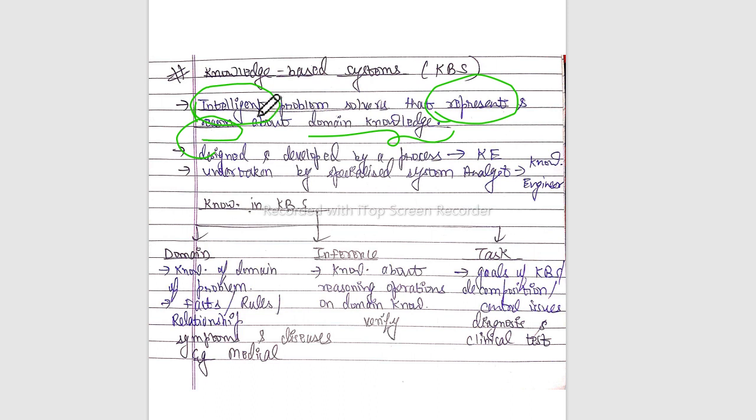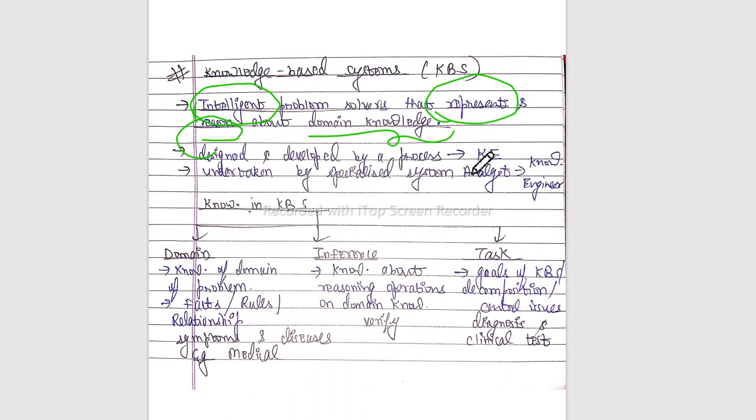A knowledge based system is an intelligent problem solver that represents and reasons about the domain knowledge. The domain can be any of the domains I mentioned. The word intelligent is very important here: it can reason, and it can solve a problem in a particular domain. It is basically to solve a problem in any of these domains.